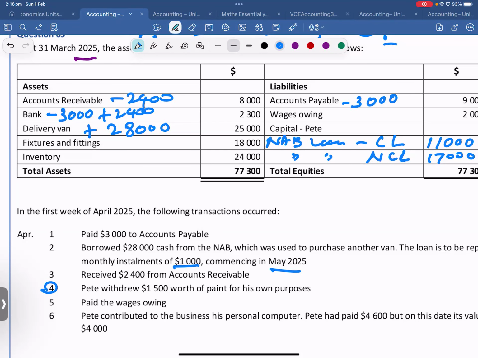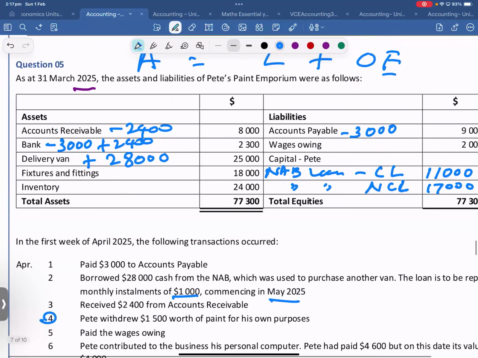Where do you think this paint was included? Very good, wonderful. What happens to inventory? Minus 1,500, very good. Then what's the other one? 1,500. Where would it affect? Owner's equity will? Decrease. Wonderful.